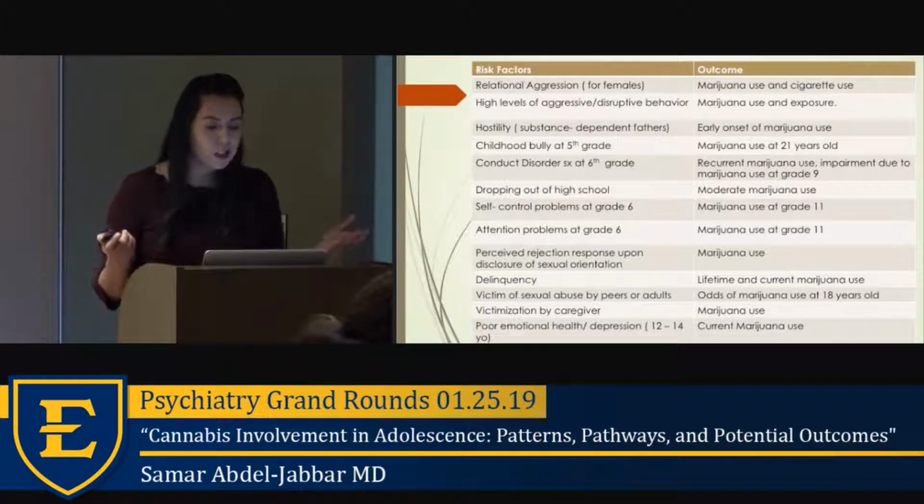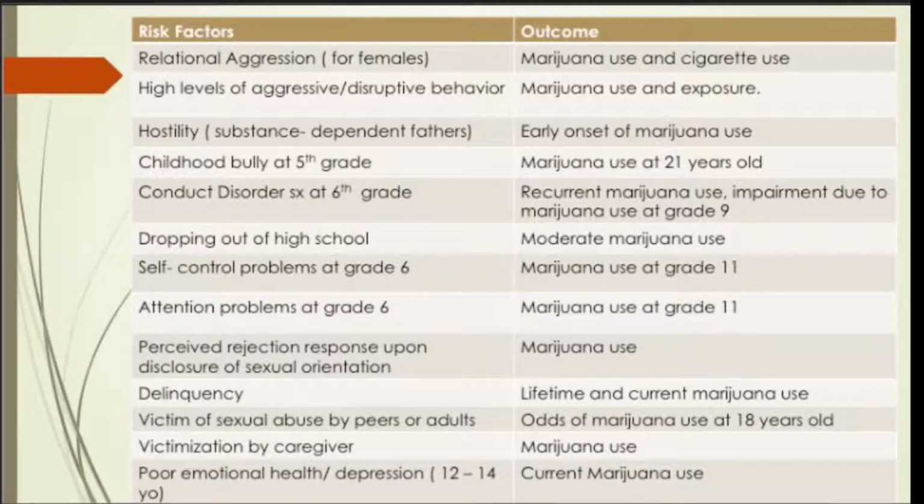So aggression or disruptive behavior may possibly lead to marijuana or cigarette exposure. Hostility from their substance-abusing fathers may increase the risk of early onset of marijuana use. Bullying in 5th grade may increase the risk of marijuana use at age 21. And that one I kind of want to highlight, the bullying.